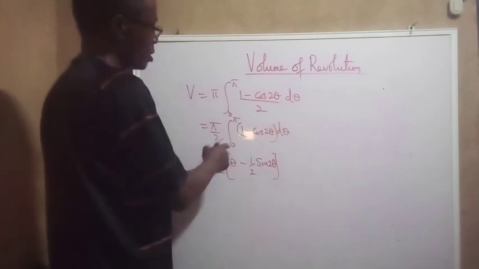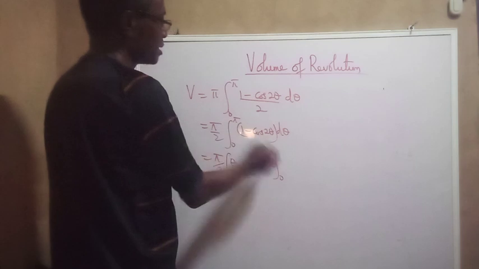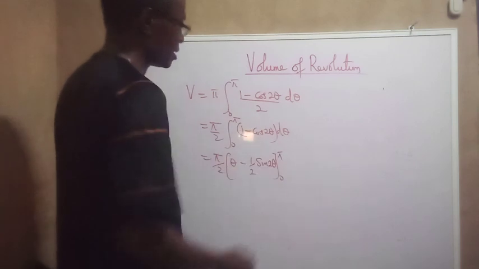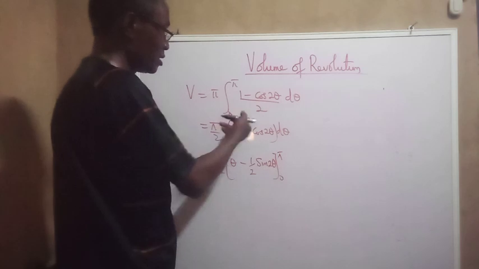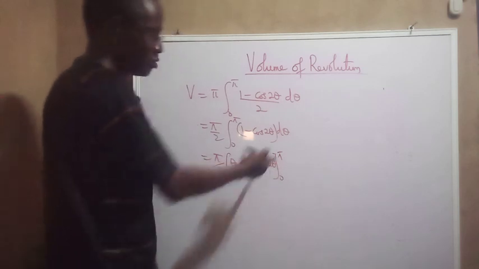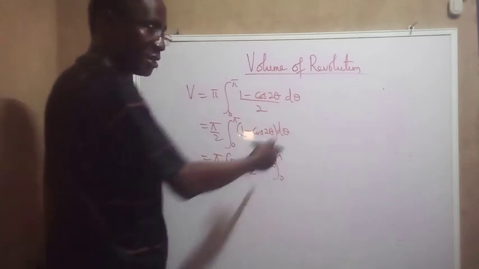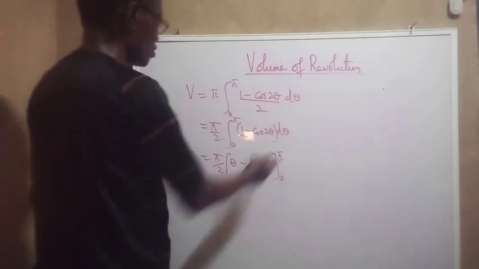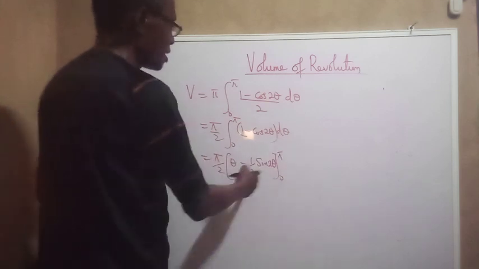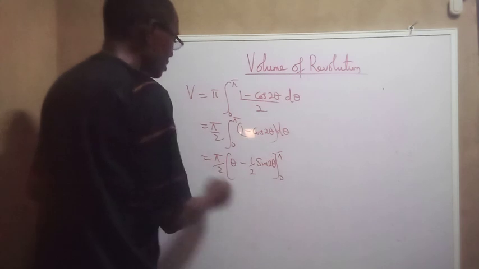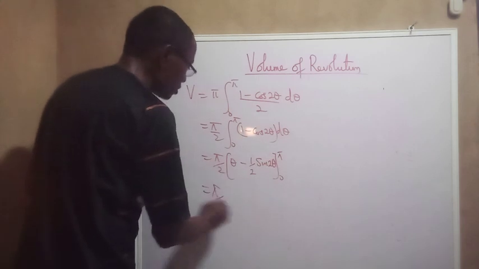Okay? Now, 0 is the lower limit and pi is the upper limit. There is no need of adding plus c because we are dealing with a definite integration. We have limits being given. We have lower and upper limits. So in this case now, that means we have to apply these limits. So we have V is equal to pi all over 2.